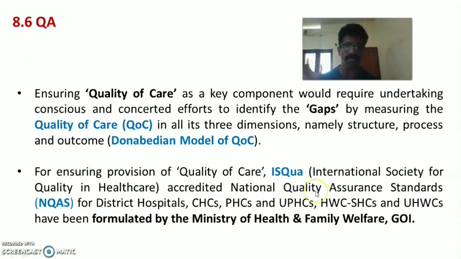This is the national level quality assurance agency, and this is the international agency. ISQua and NQAS maintain the standards of quality in the district hospital, community health centers, primary health centers, urban primary health centers, health and wellness centers, sub-health centers, urban health and wellness centers, etc.